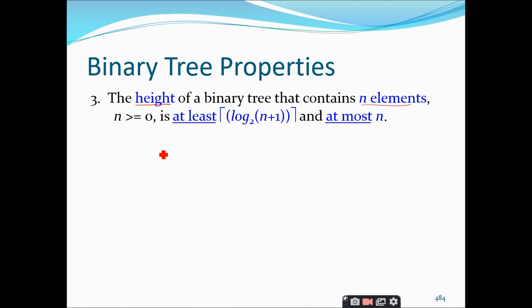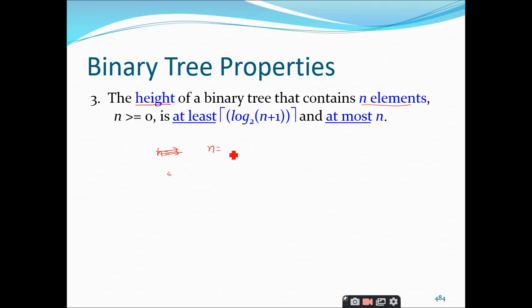See here. If height h is equal to 3, how many minimum number of nodes can it have? It is 4, right? Yes, sir. No. This time we are not going to take the height.